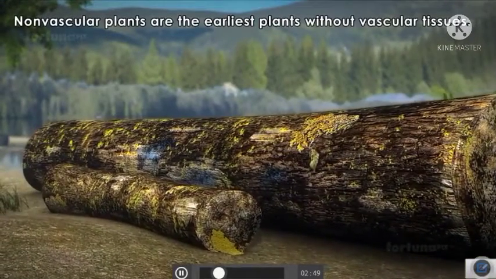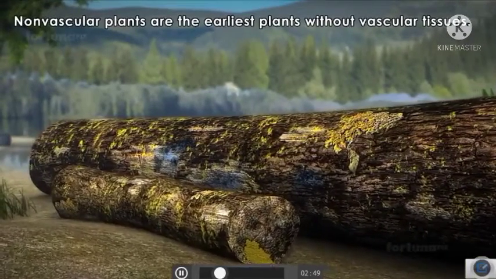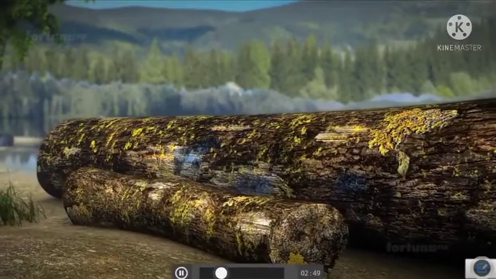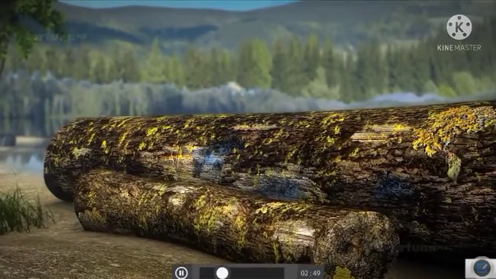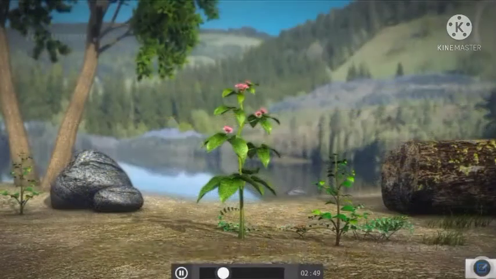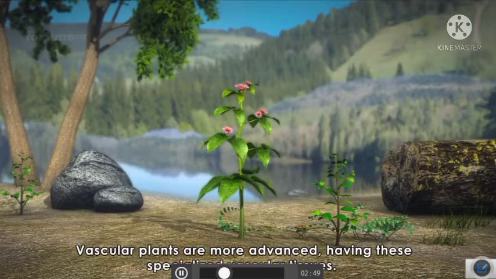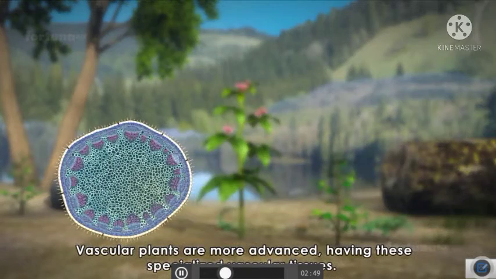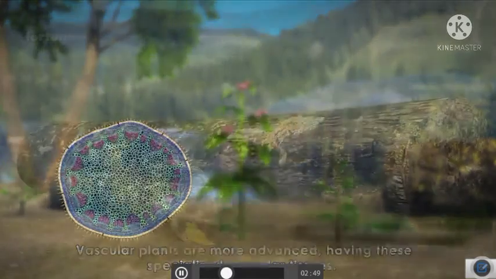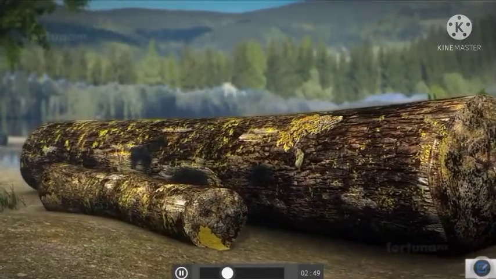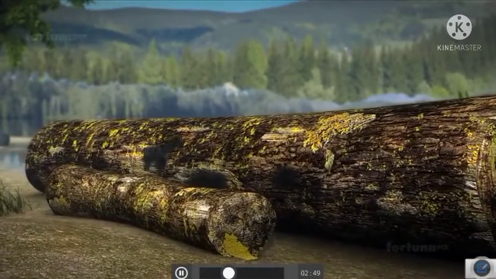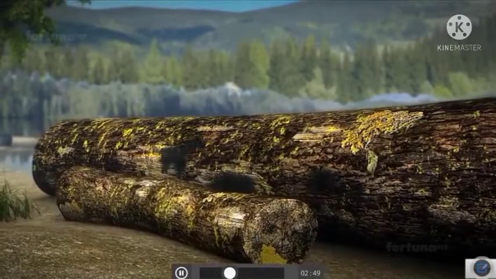Non-vascular plants are the earliest plants without vascular tissues, the special tissues needed for the transportation of water and nutrients. Vascular plants are more advanced, having these specialized vascular tissues. In this session, let's take a more in-depth look at non-vascular plants.